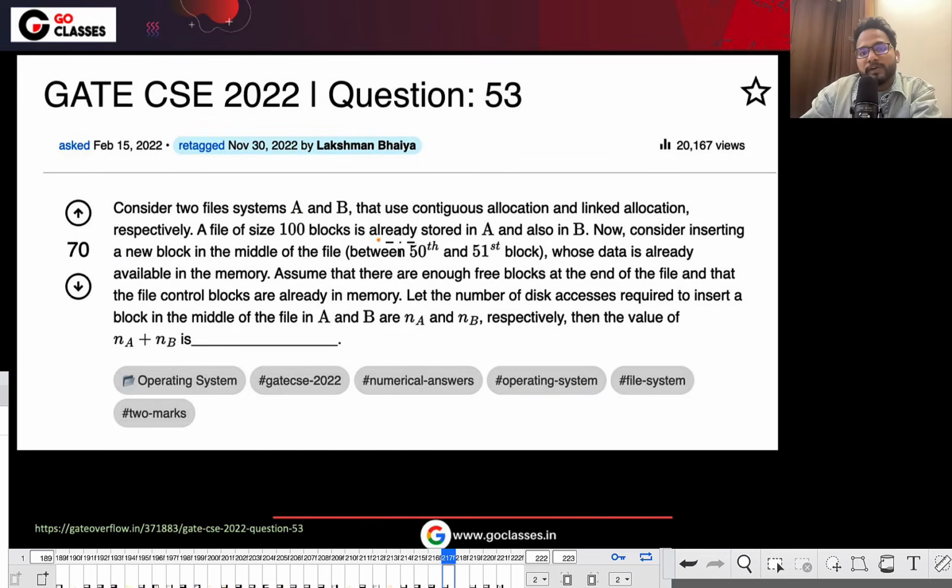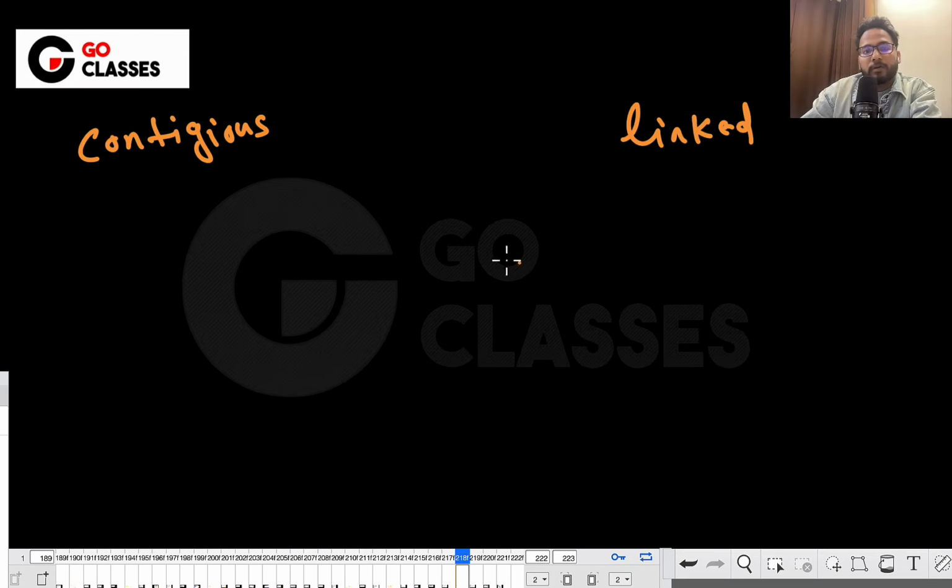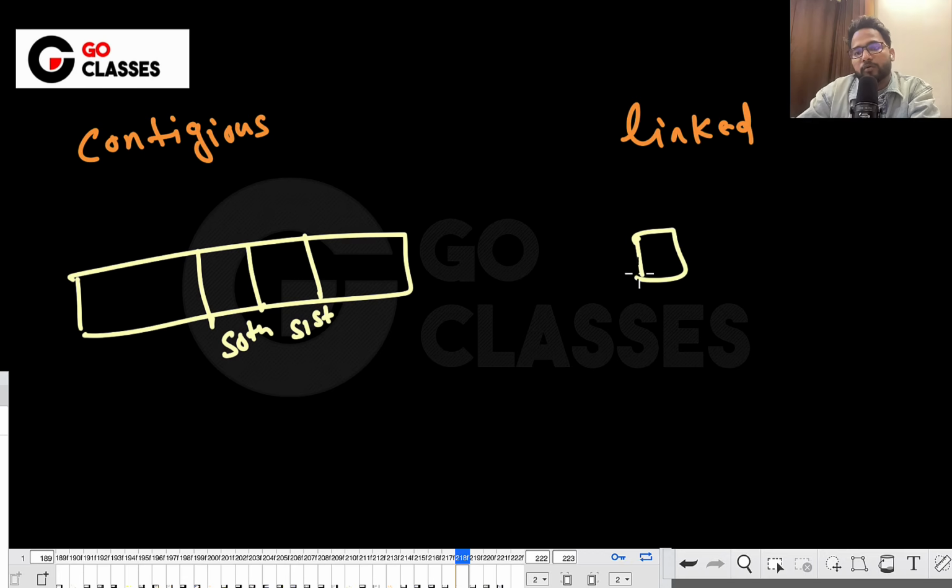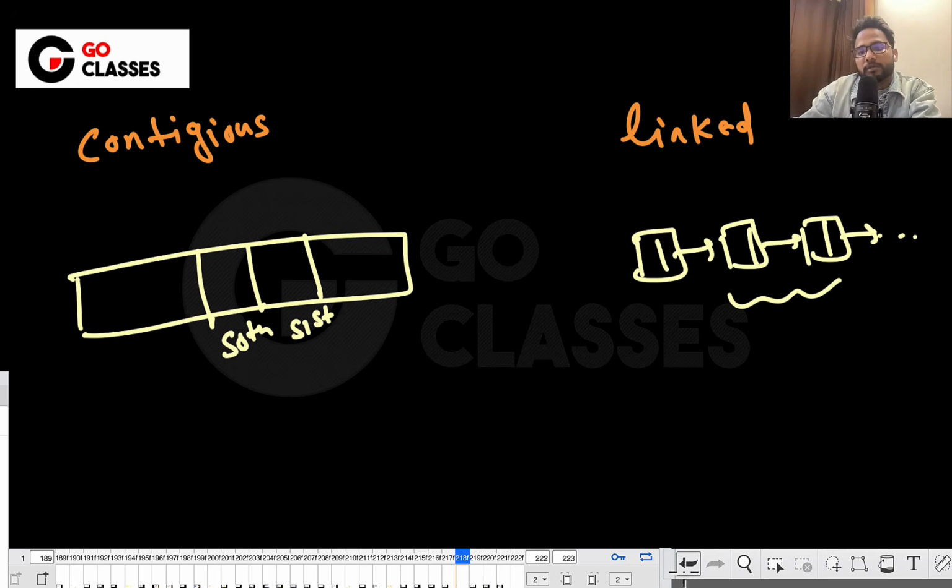A file of size 100 blocks is already stored in A and also in B. Now consider inserting a new block in the middle between the 50th and 51st block, in the contiguous and also in the linked file.